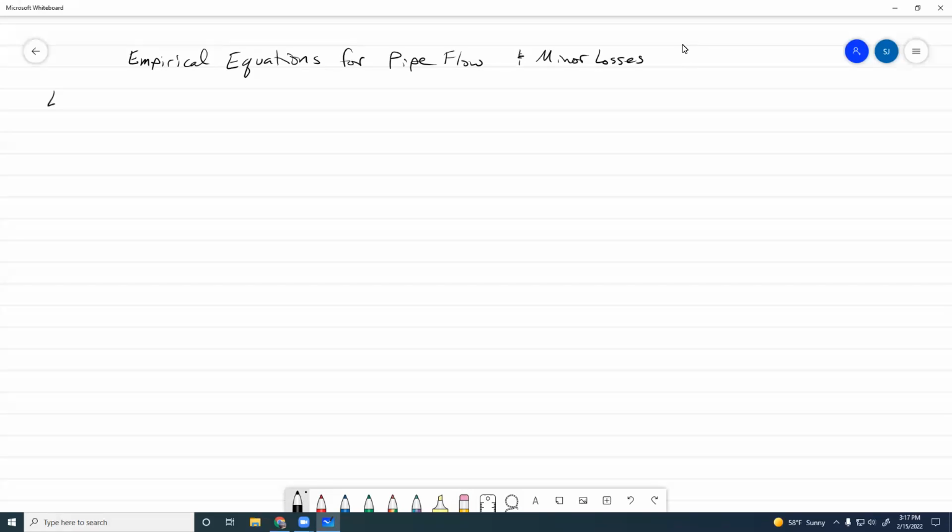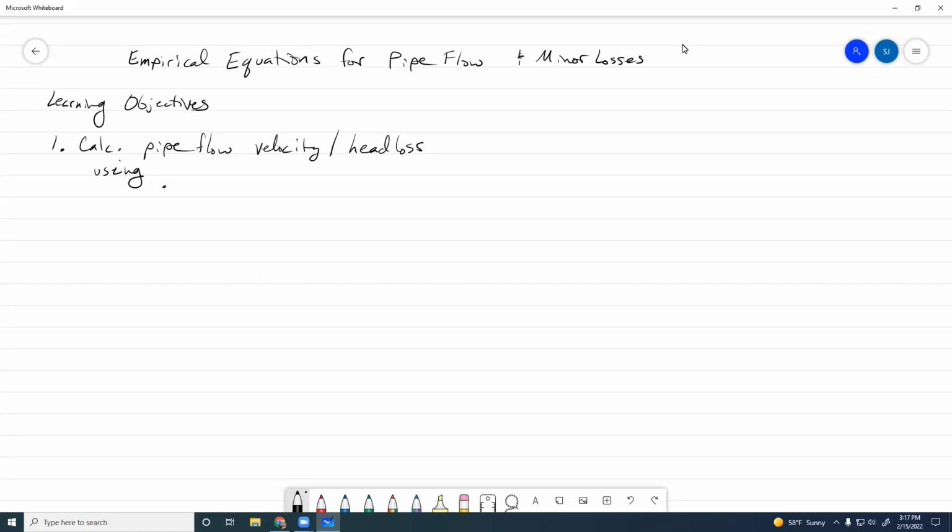And our learning objectives. We'll calculate pipe flow velocity or head loss using two empirical equations.